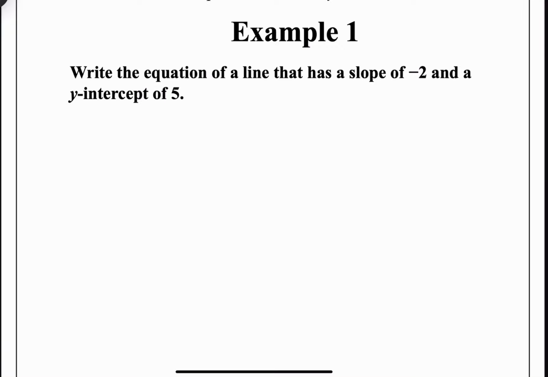So example 1 here. Write the equation of a line that has a slope of -2 and a y-intercept of 5. Well, we know what our slope is. It's -2, and our y-intercept is 5. So we actually have all the information we need. We can just write the equation from this information. Our slope is -2, so we plug that in for m.